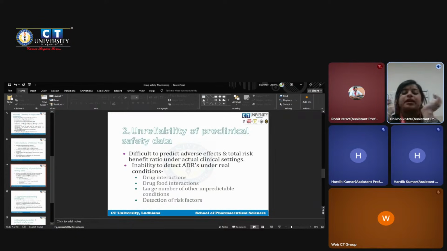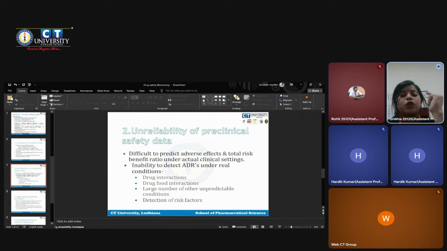Drug interaction means when one drug reacts with another drug and causes an effect or action in your body. That interaction could be positive and it could be negative also. So it is very important to check the drug interactions before prescribing to the patient.